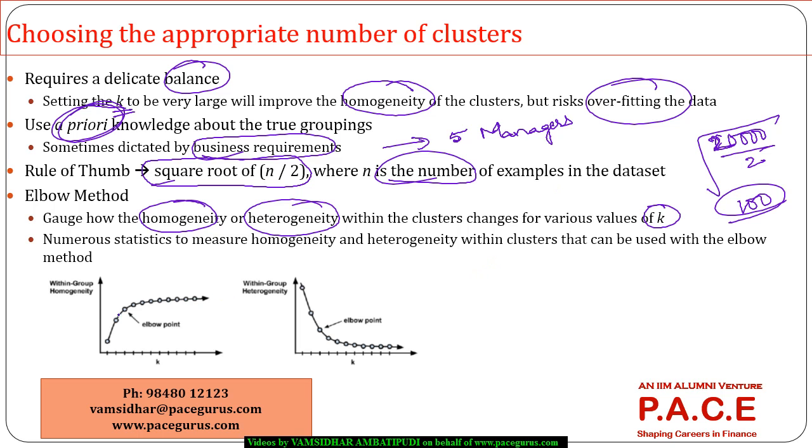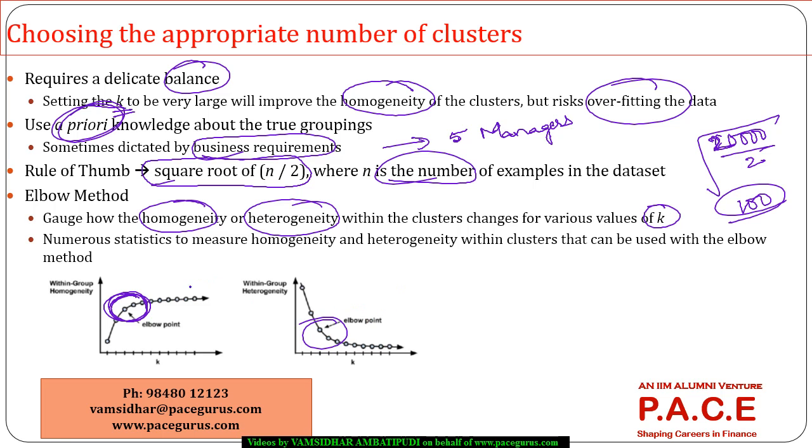Wherever you find it getting saturated almost: homogeneity increases as the number of clusters increases, but after a certain point the rate at which it increases is very much diminishing. Similarly, the within-group heterogeneity decreases because homogeneity is increasing, but after a certain point the rate of decrease is much lesser. That should be the optimal number of clusters that we select.